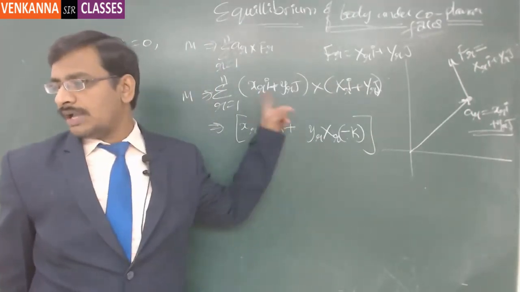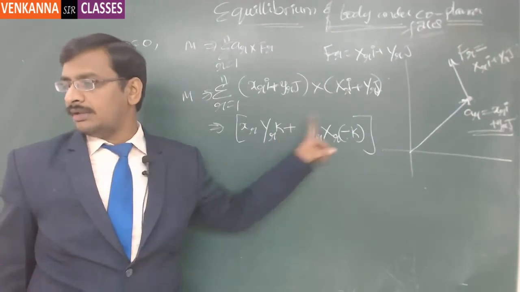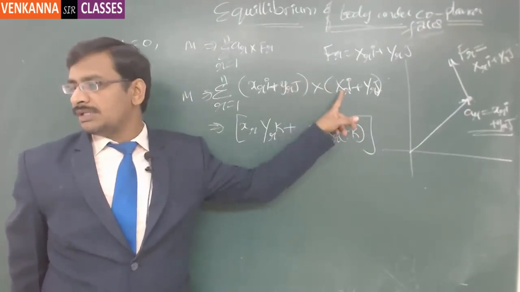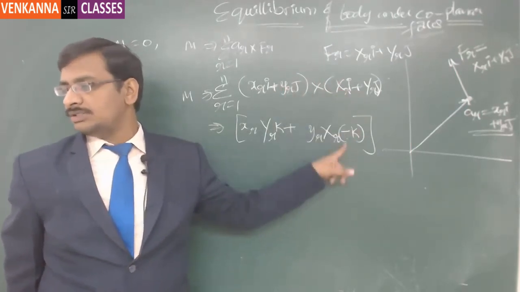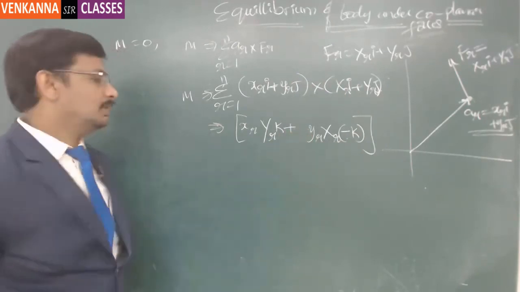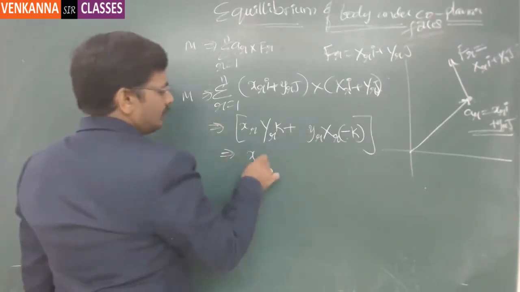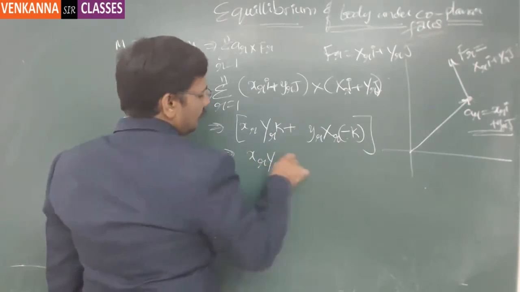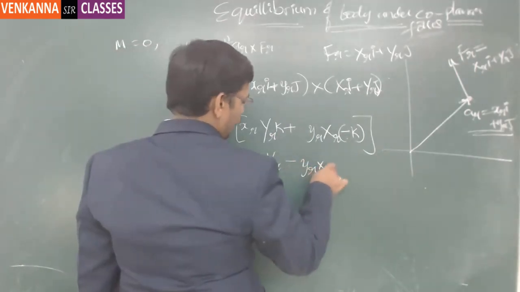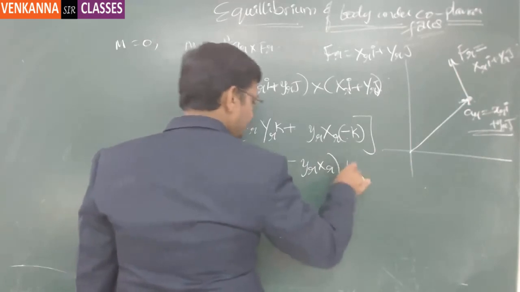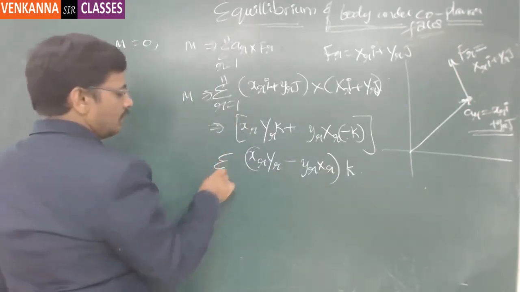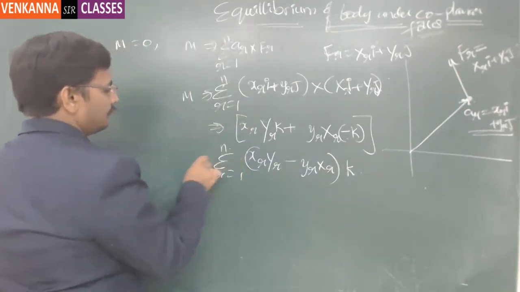I cross i is 0, i cross j is k, j cross i is minus k and j cross j is 0, so only two terms will be there. Now here x_r into capital Y_r minus y_r into capital X_r, into k. So this is the sum over r equal to 1 to N. This is M.